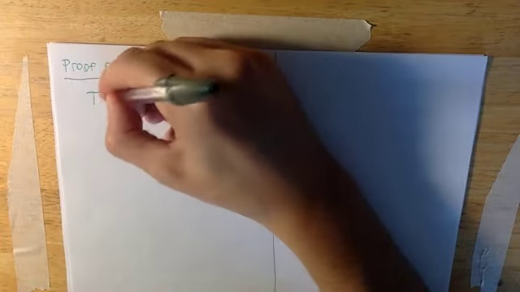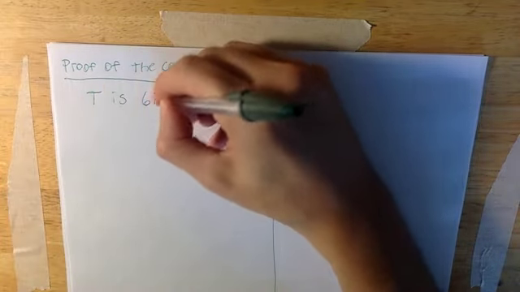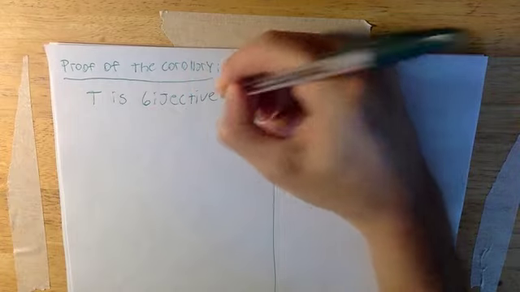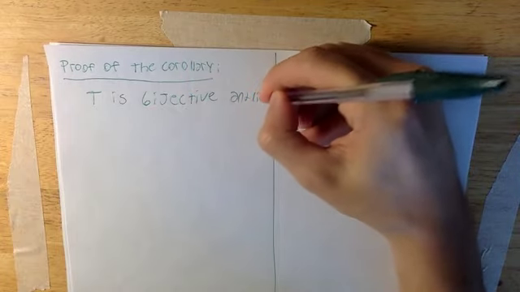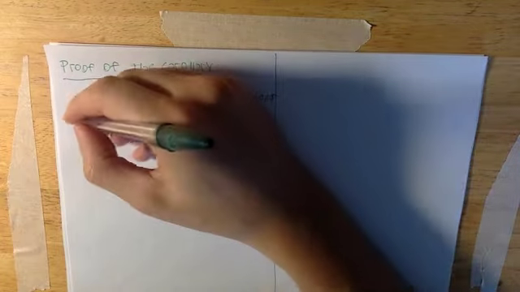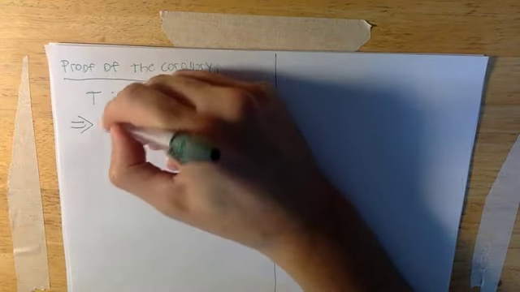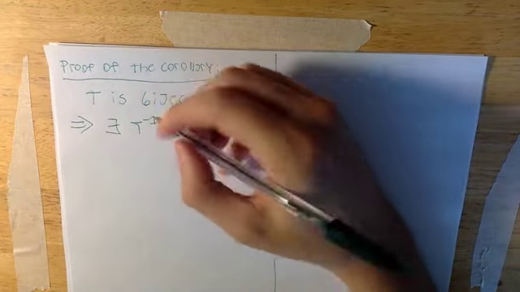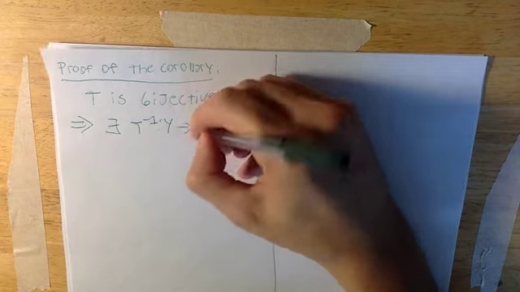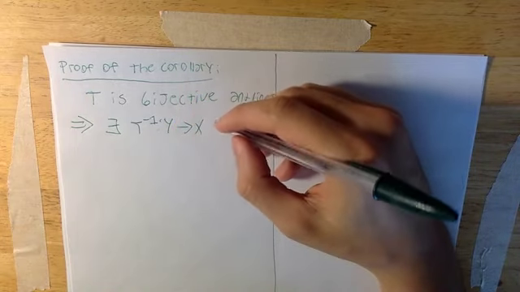Okay, so T is bijective and linear. Therefore, there exists T inverse, going from Y to X, which is linear.